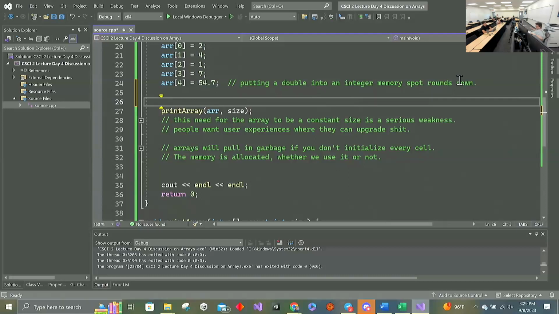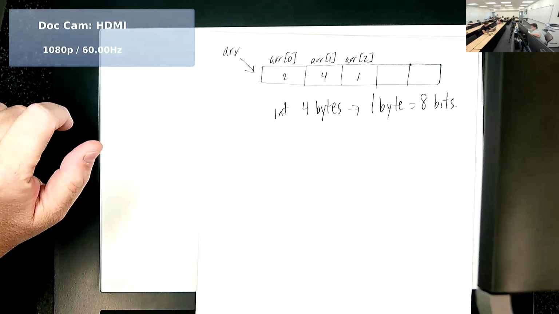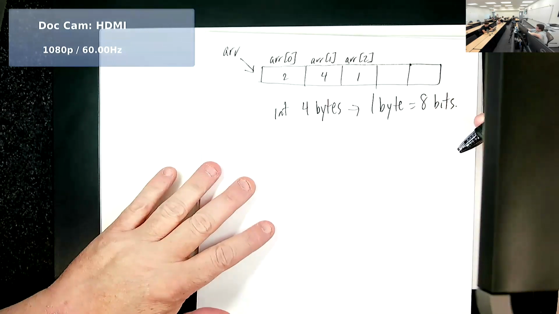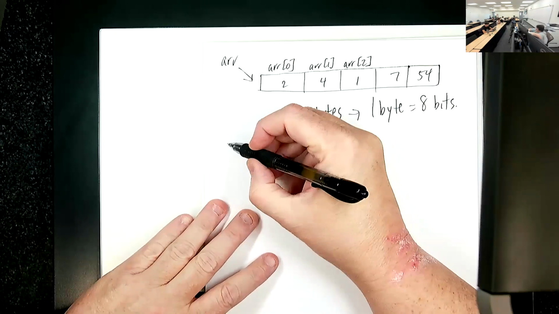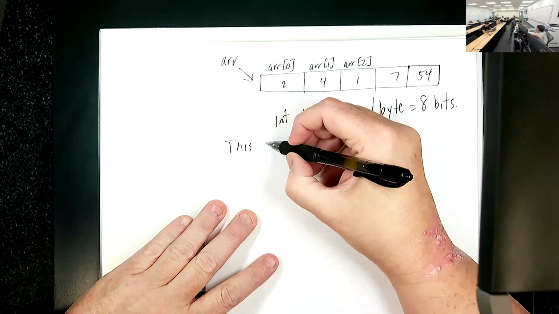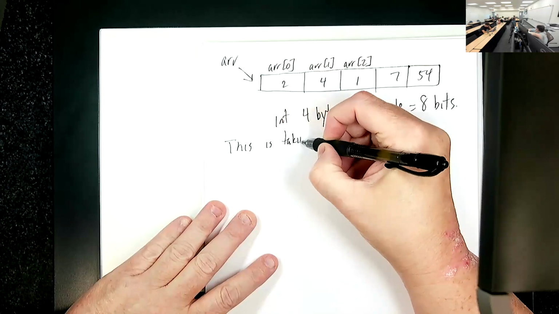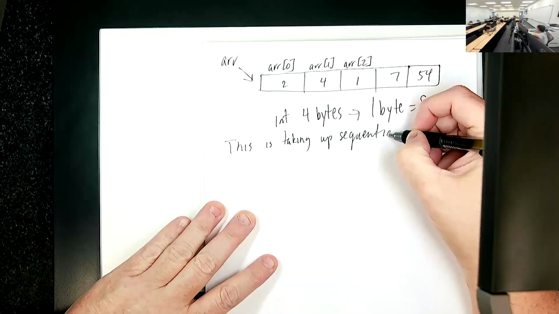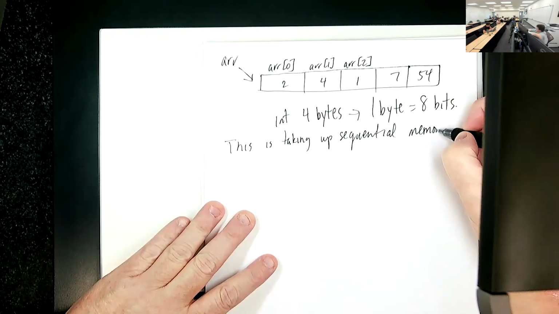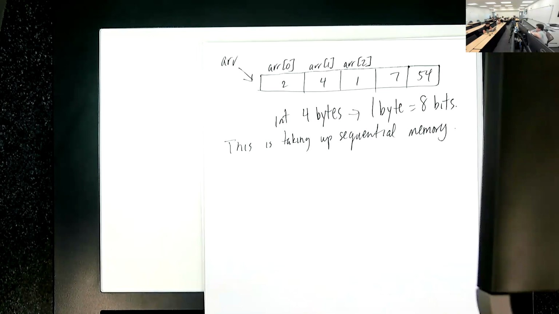All right, so now we've got 7 and 54 in our memory. And this is taking up sequential memory, which isn't too bad for an array of only 5 integers.